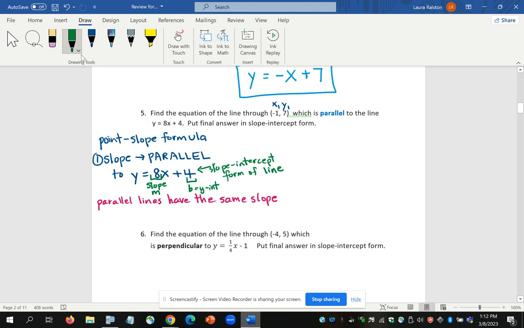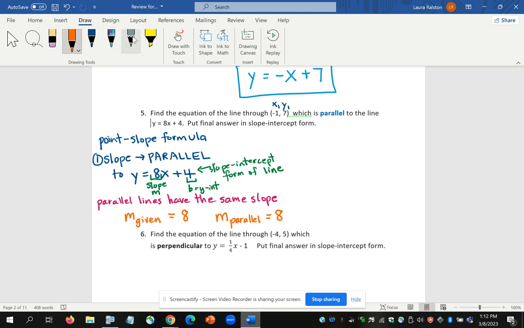So the slope of the given line, okay, the slope of the given line is 8. So that means the slope of the parallel line is also going to be 8 because they have to be the same.